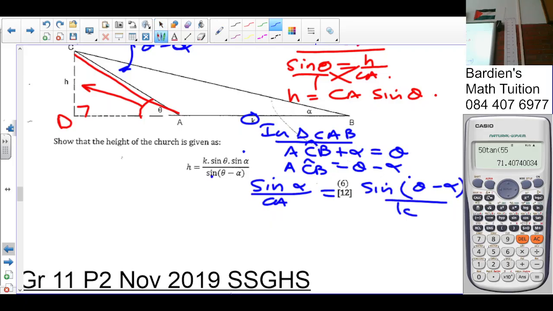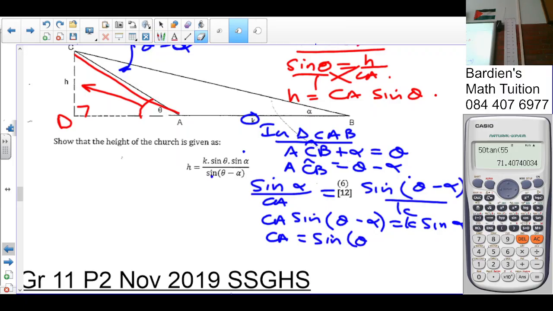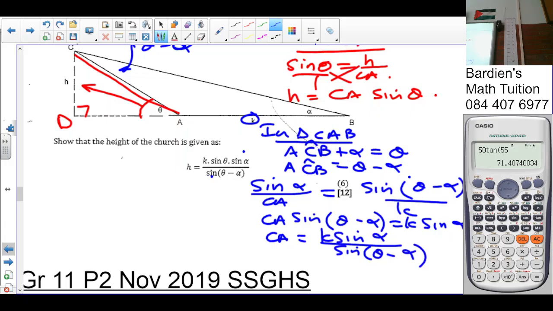I'm cross multiplying. So CA is equal to X sine alpha over sine theta minus alpha.